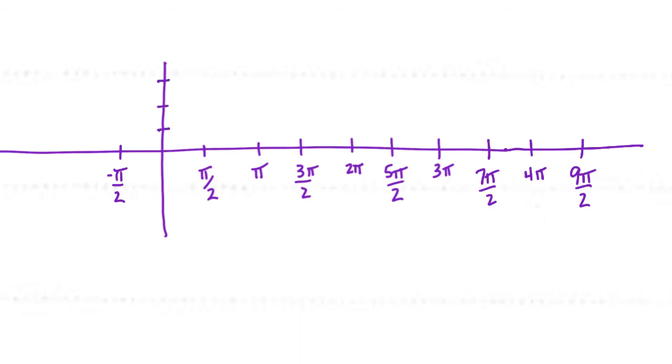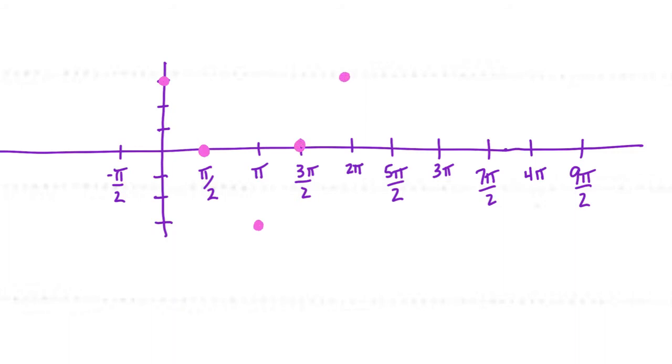Because the amplitude is 3, I'm going to draw this first, what you know. Instead of starting on 1 for the cosine, I'm going to start at 3. Then it's going to go down to 0, down to negative 3, up to 0, up to 3.